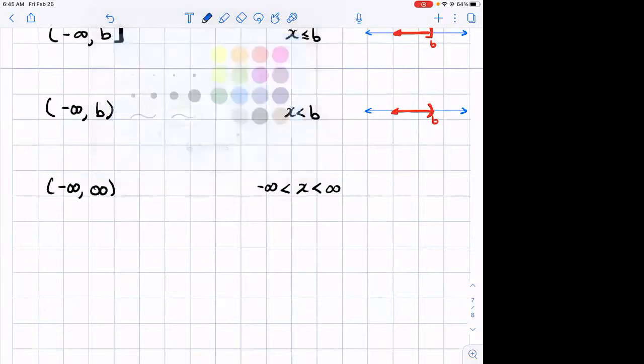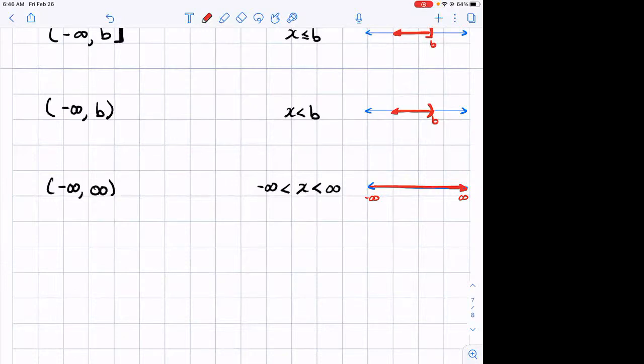So my line here is really the entire line. It's everything, because somewhere out here is infinity, somewhere out here is negative infinity. So it's the entire real line.